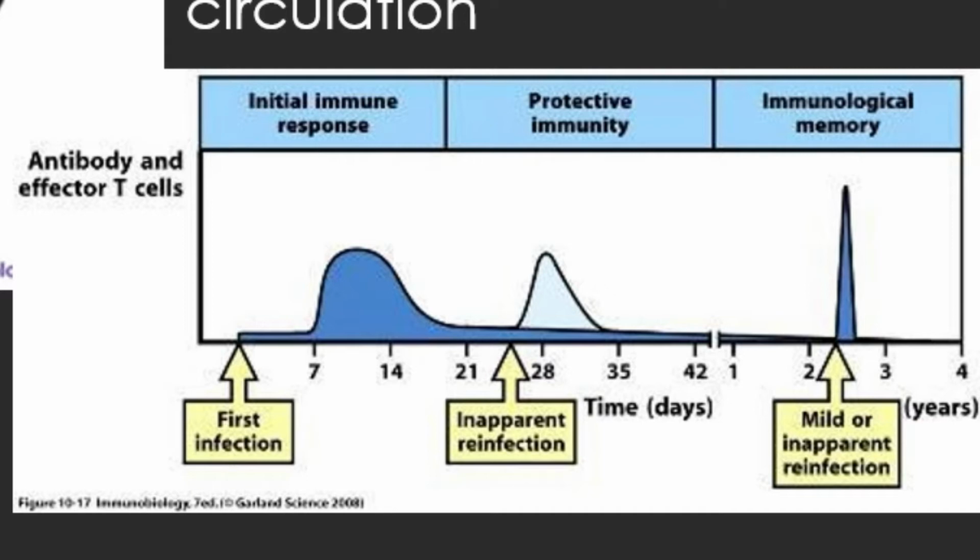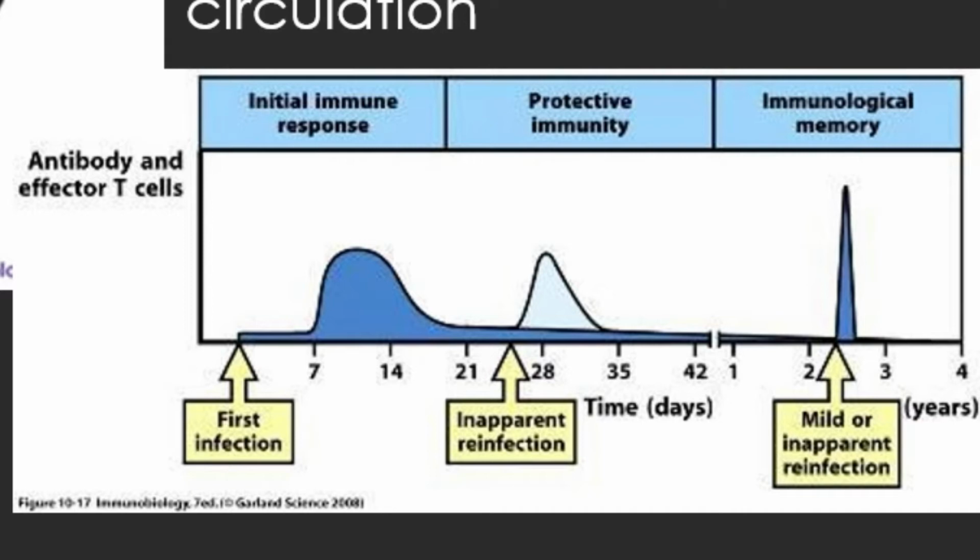So the next time you get exposed to that same antigen, you will have a protective immunity, which means the response is so fast and so strong that really you have an inapparent or very mild infection. And that continues throughout the remainder of your life. Notice the x-axis on this graph starts in days between the first two infections, and then notice it moves to years.